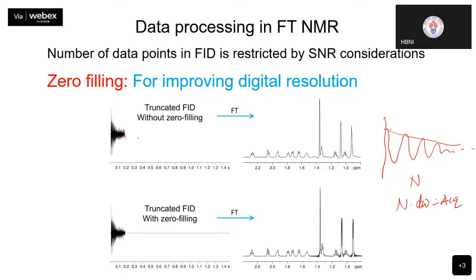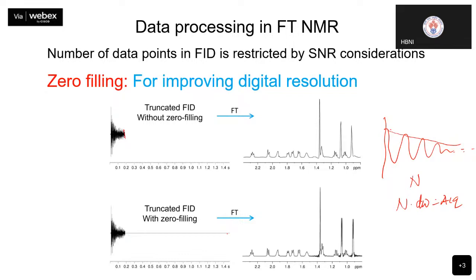Here there were no points added. Here, what you have done is add from here to here these many points to increase the number of data points. As I said, to collect more points would give a higher resolution, but a poor signal to noise ratio. You cannot do that. So in order to improve that, you add zeros.